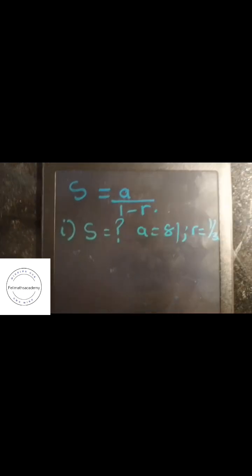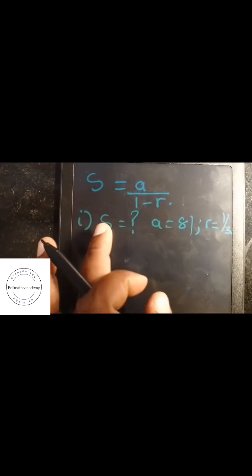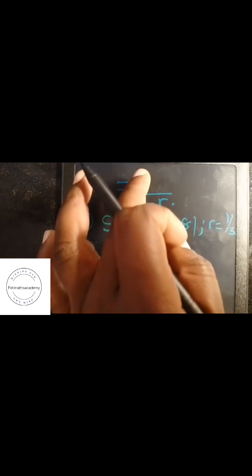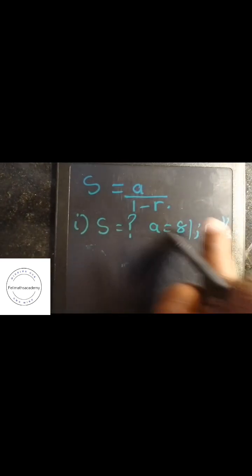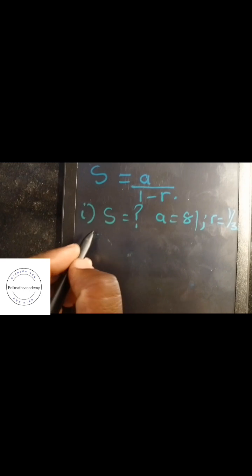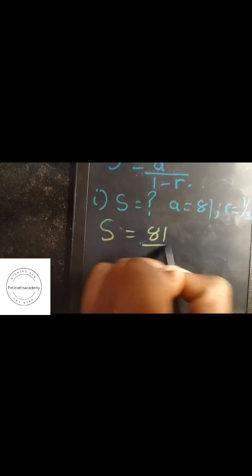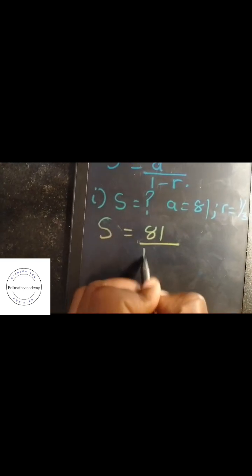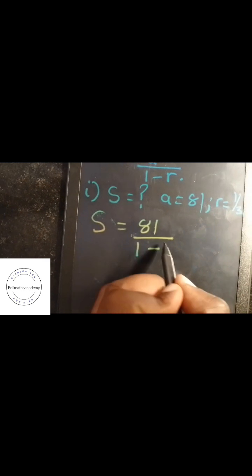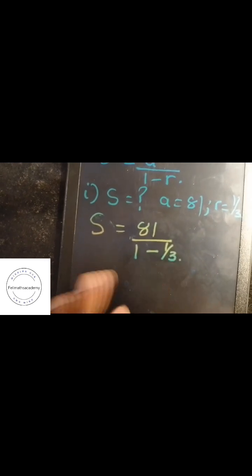So to find the value of S, we substitute A with 81, R with 1/3. So S is equal to A, it's 81 over 1 minus our R, which is 1/3.